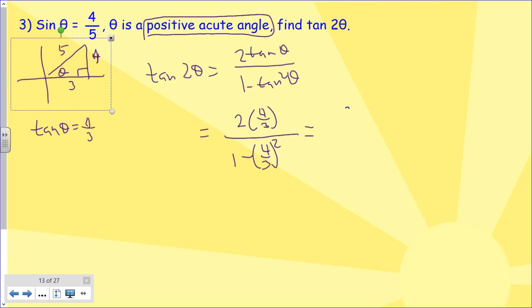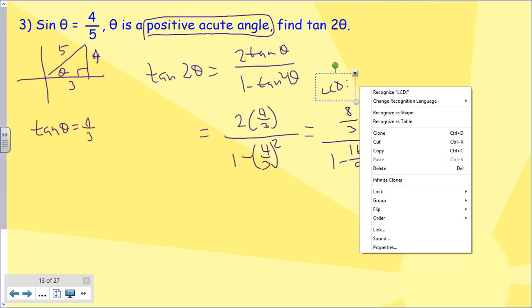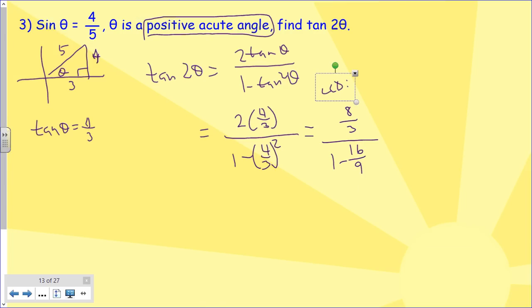So I'll have 8/3 over 1 minus 16/9, because I square that. Easiest thing to do here is find our LCD, which is 9.